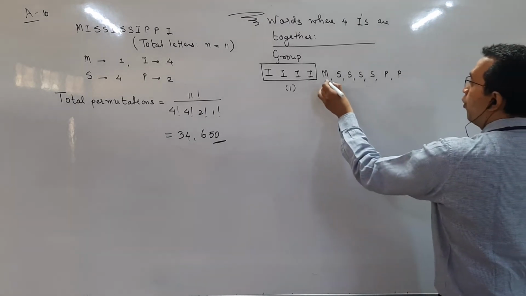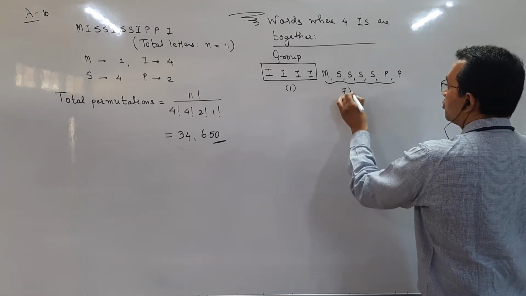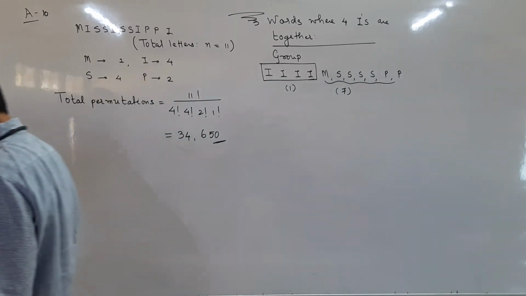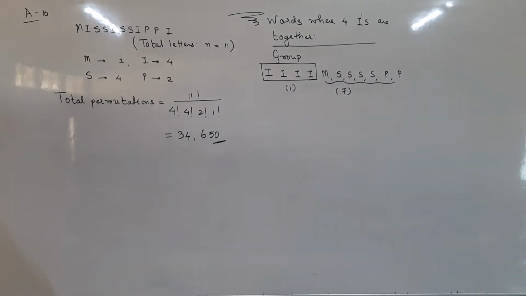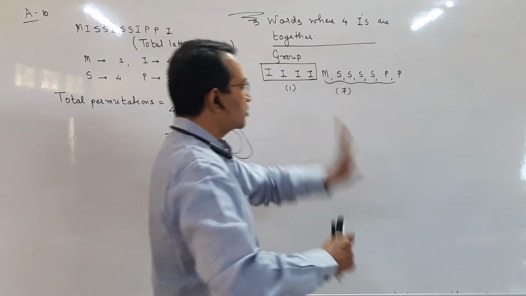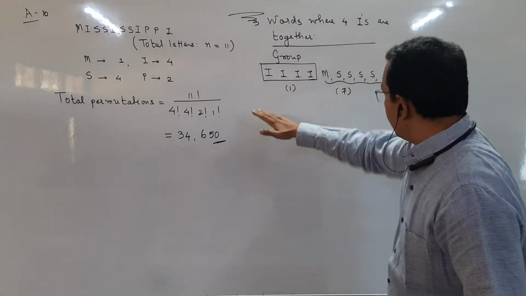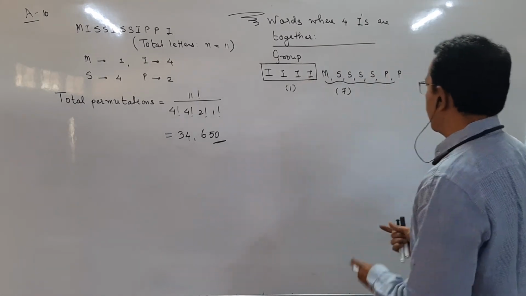So what I am doing, carefully observe. In permutation, whatever items or objects are to be kept together, you group them as one. In any place, I have grouped them in first place. Out of 7 plus 1, 8 places, you can group them in any one of the 8 places. Now, first of all, I want to consider all arrangements of these 11, but these 4 are considered as 1.